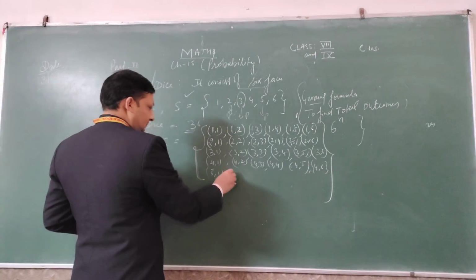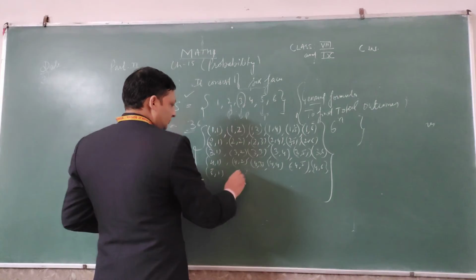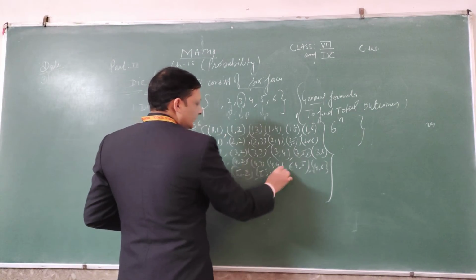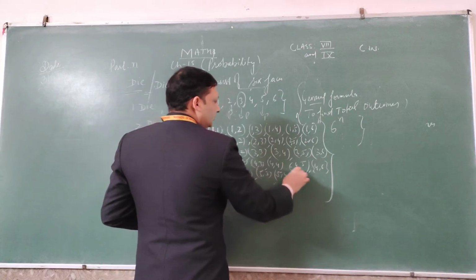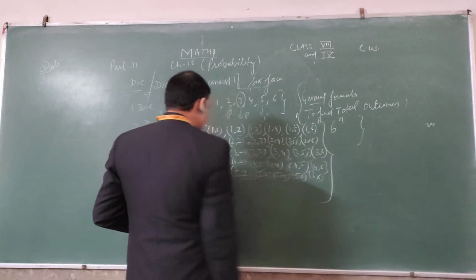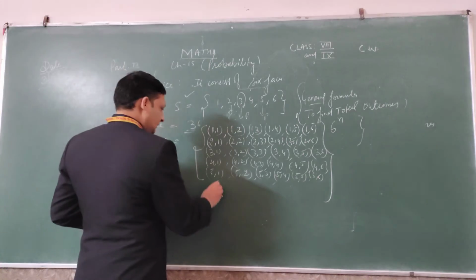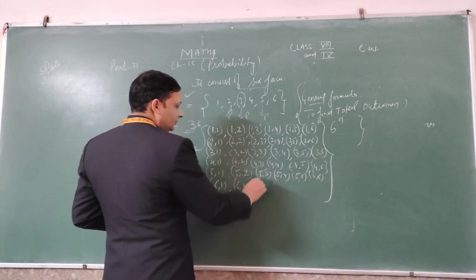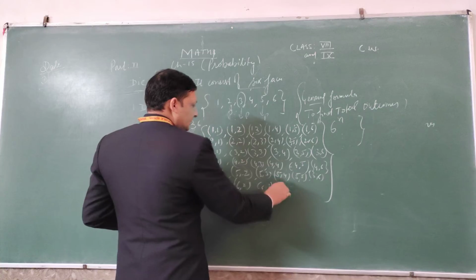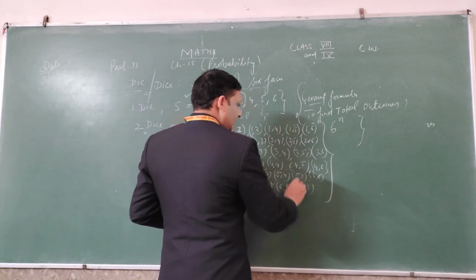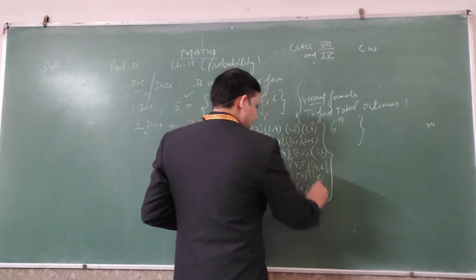Then (5,1), (5,2), (5,3), (5,4), (5,5), (5,6). The last row will be (6,1), (6,2), (6,3), (6,4), (6,5), (6,6).